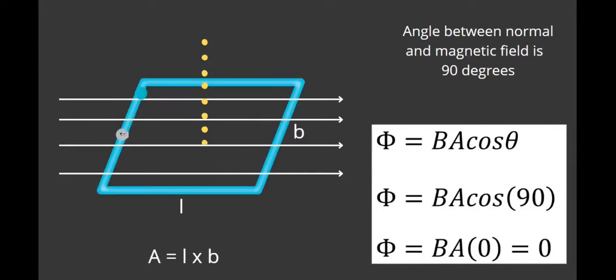So your loop, your area, your wire or whatever you want to call it, is parallel to the magnetic field. And so if that's the case, you won't actually have a change in magnetic flux. To have a change in magnetic flux, your magnetic field actually has to go through the loop.